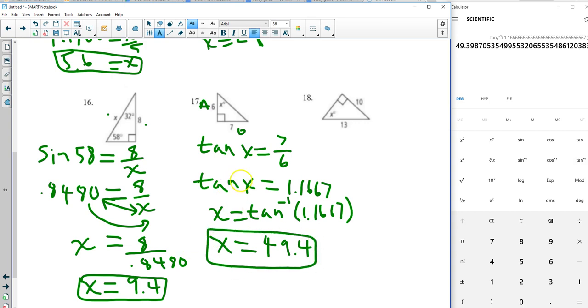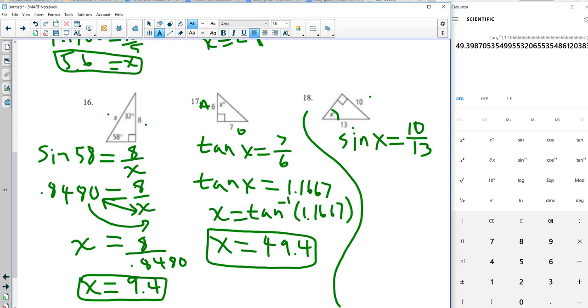All right, number 18. Okay, now on this one we have the angle, so we're going to use some sort of inverse, but this is opposite and this is hypotenuse, so we have to use sine. Sine x has to equal opposite, which is 10 over 13.